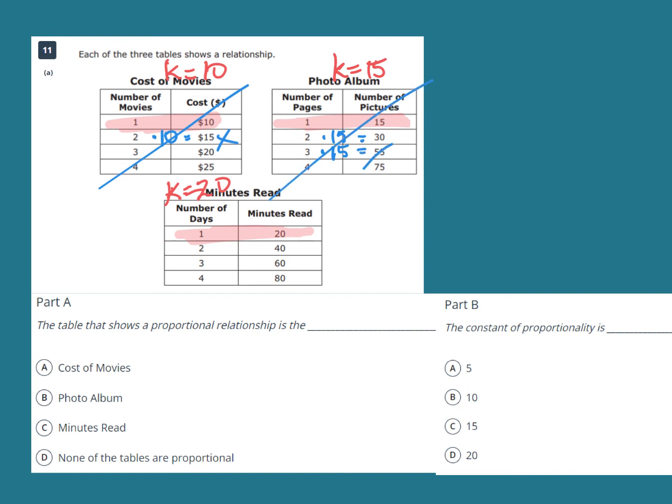That one doesn't work. 2 times 20 equals 40. Yep. 3 times 20 equals 60. Yep. 4 times 20 equals 80. Look at that. Looks like the answer is minutes read. Constant proportionality we already found is 20.